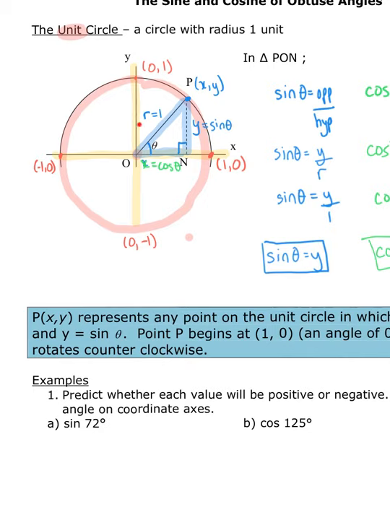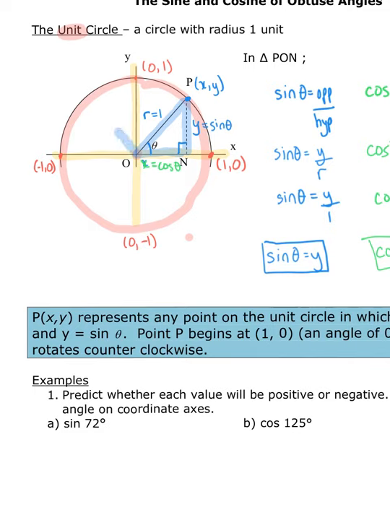So acute angles lie within this first quadrant, and in this first quadrant, x is positive and y is positive. So that means any sine ratio of an acute angle or cos ratio of an acute angle are positive as well. And that means tan will also be positive because a positive divided by a positive is also positive.